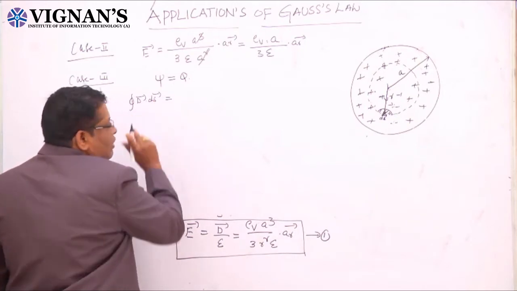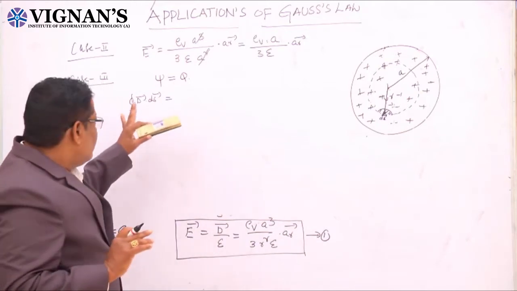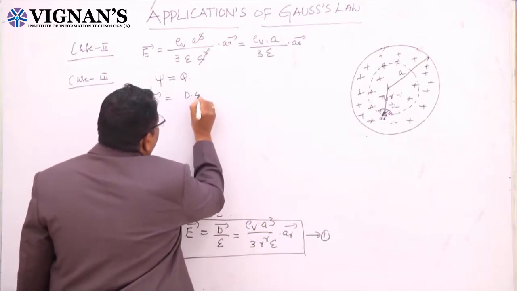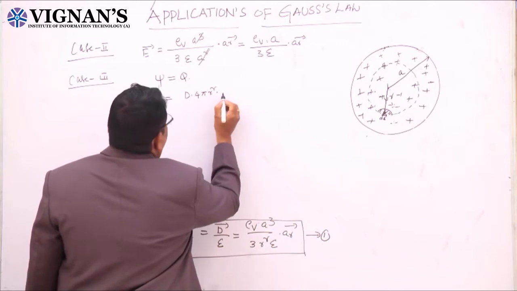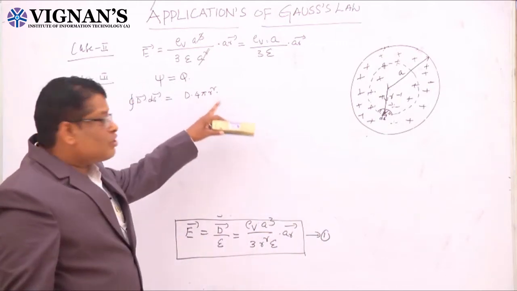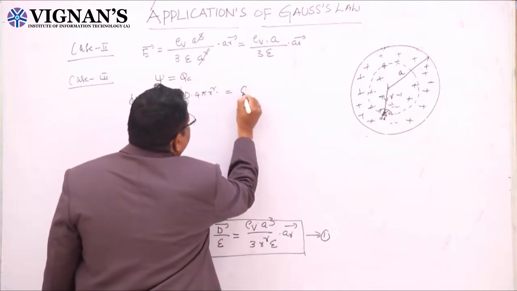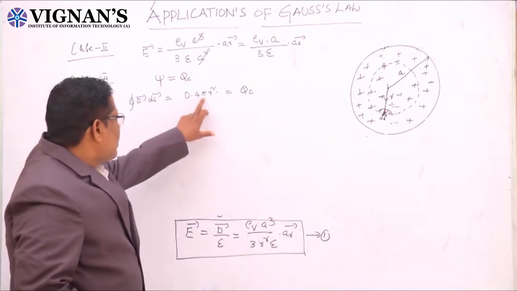Finally we got this value in the first case, and exactly the same value here: D into 4 pi r square. This is equal to the charge enclosed by the Gaussian surface.